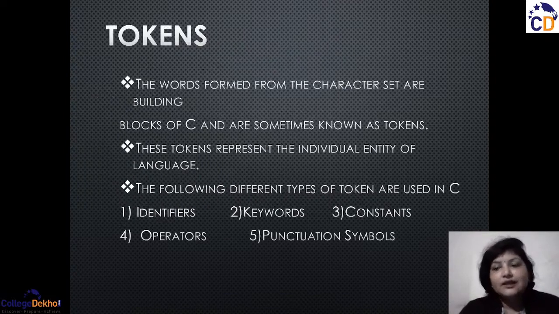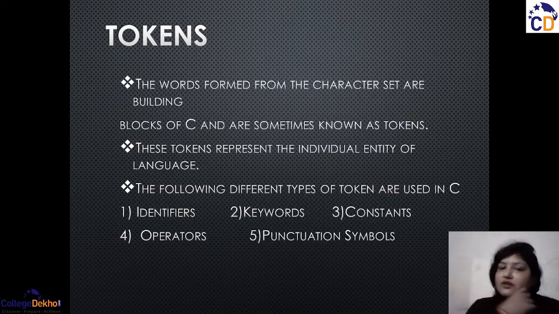Now this character set is what they are formed from, and they are called tokens. Tokens are basically blocks of C. You have a complete sentence and you divide it into tokens so that the compiler can understand it, as you know from compiler design.